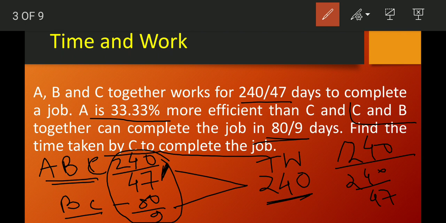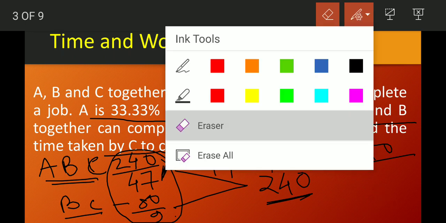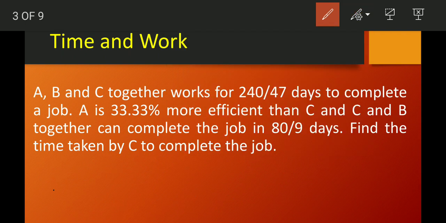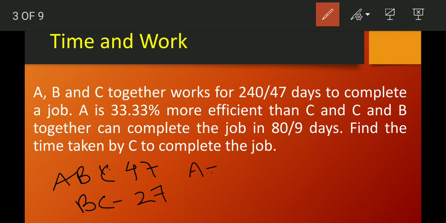If we simplify we will get it as 47, and efficiency for BC would be 240 over 80 by 9. If we simplify we would get it as 27. So if we write it properly, the efficiency for A, B, C is 47 and that of B and C is 27. Therefore efficiency of A would be just the subtraction of these two, that is 20.